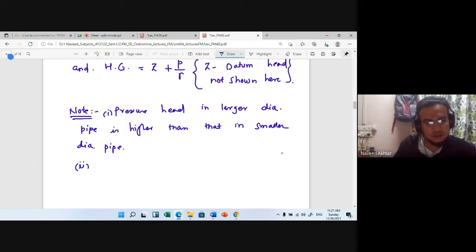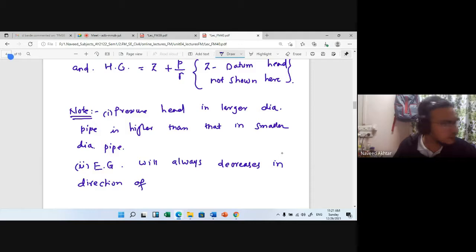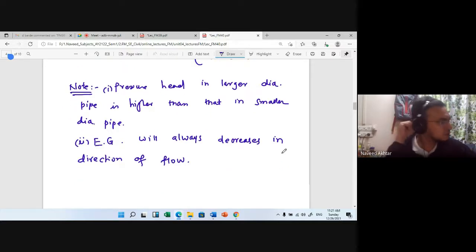Second, the total energy line or energy gradient line will always decrease in the direction of flow, whereas the pressure head depends on the point where the smaller diameter pipe joins the larger diameter pipe.